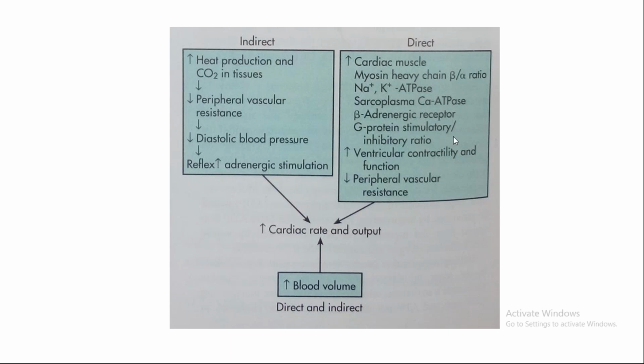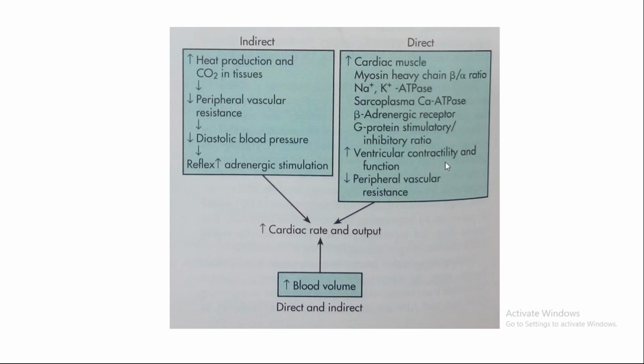So ultimately, this will lead to an increase in the cardiac parameters. Beta MHC activity is suppressed by thyroid hormone, and the beta adrenergic receptor is also suppressed. So ultimately, this will lead to increased myocardial activity. It will finally increase the stroke volume.